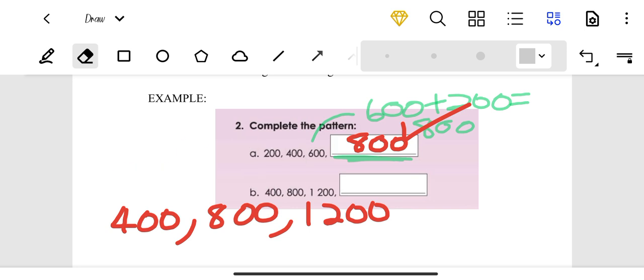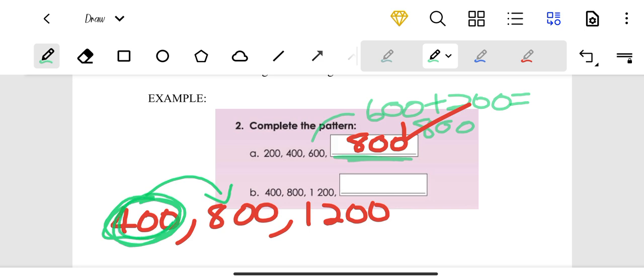Let me remove that so that it doesn't disturb us. So if I'm asking myself what happened, I check, okay, for me to get the 800, the next number, what happened to the first number, the 400? If you check, for me to get 800, I have to add a 400.